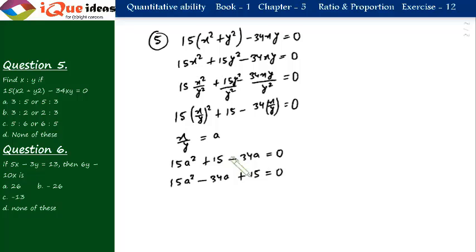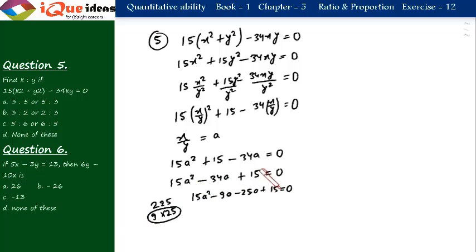15 into 15 is 225. 225 when broken into different parts, you can take it as 9 into 25, and 9 plus 25 is 34. So we can write the equation as 15a² − 9a − 25a + 15 equal to 0.